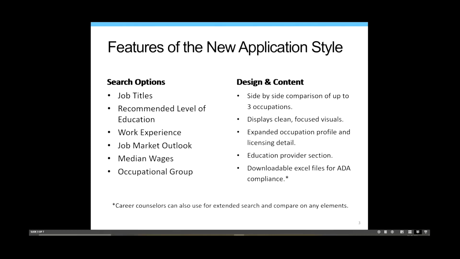We've expanded some of the profile and licensing detail. We've added the education information, which describes the schools in the local area that might help users. And I also want to note that we have downloadable Excel files for ADA compliance, so users with disabilities can use those files to access all the information that's contained in the guides.